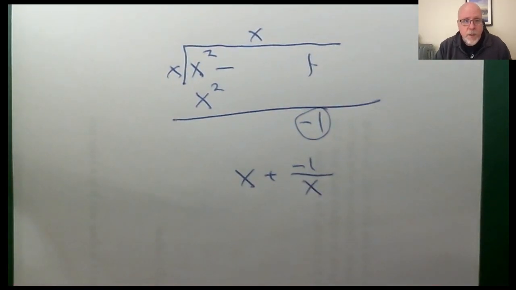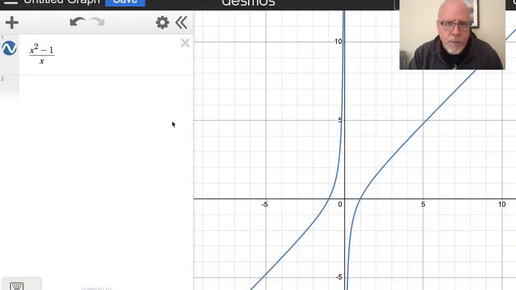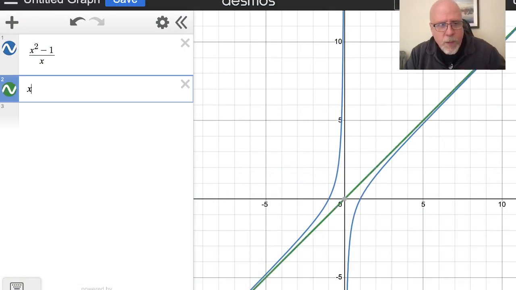That means the slant asymptote there is the polynomial part of that. Let's transition back to the graph and draw our slant asymptote, which is just y equals x. Indeed, the green line is a straight line, and the blue graph is getting closer and closer to it.